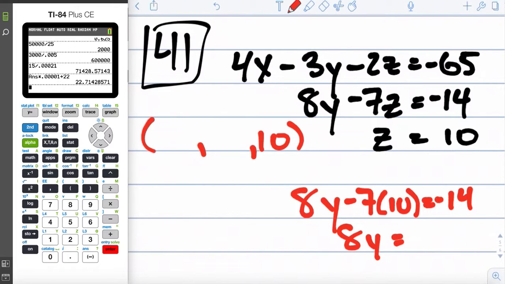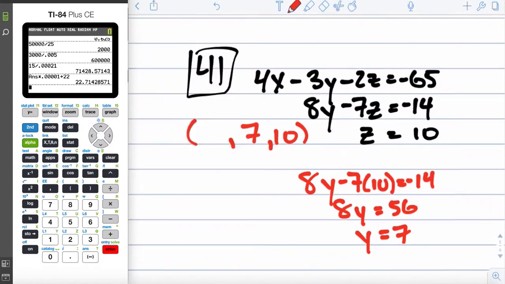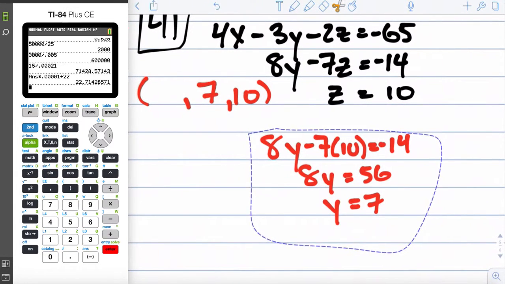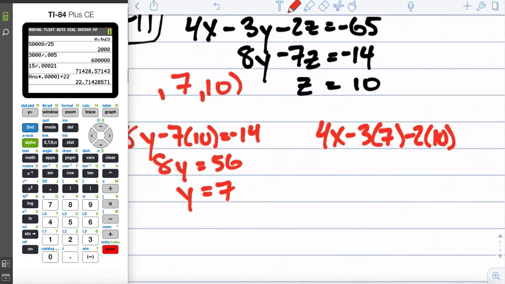8y is equal to 56. And so y is equal to 7. Alright, and then I can do the same thing with 4x minus 3 times 7 minus 2 times 10 equals -65.